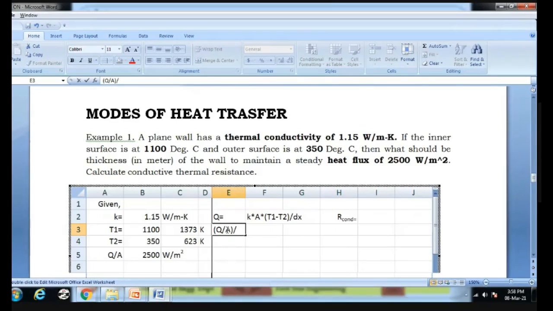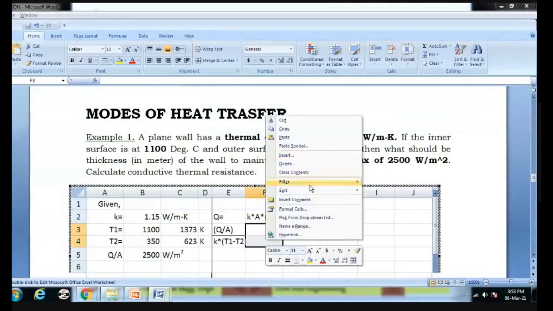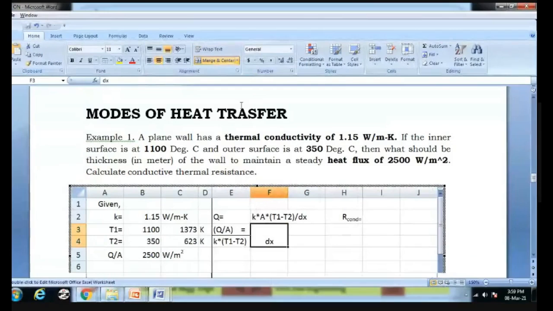It will be divided by k into T1 minus T2, and this is equal to your dx. The dx is becoming Q upon A into k, T1 minus T2. Fine.